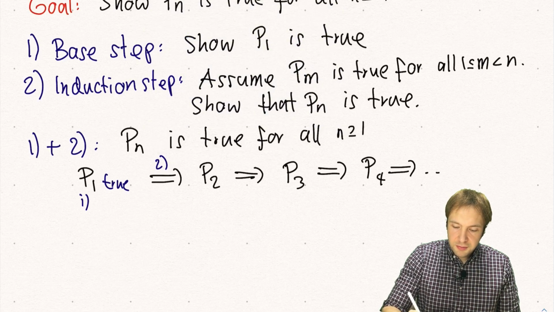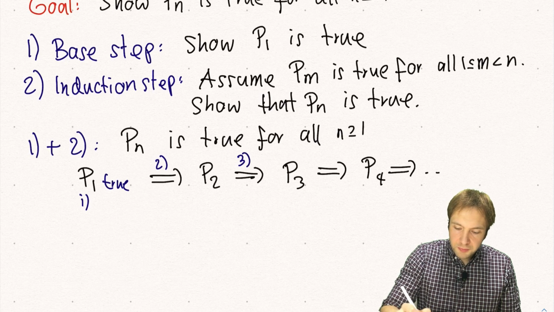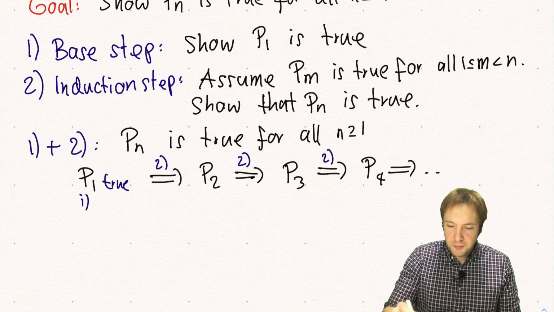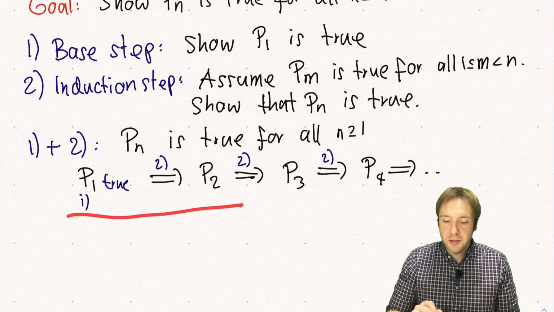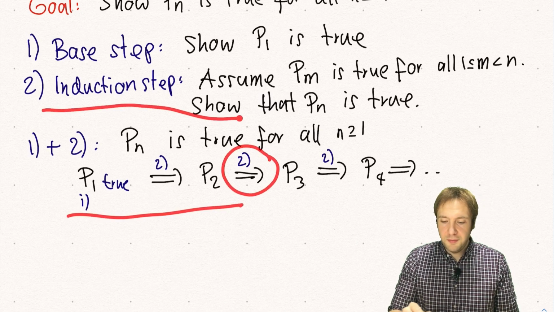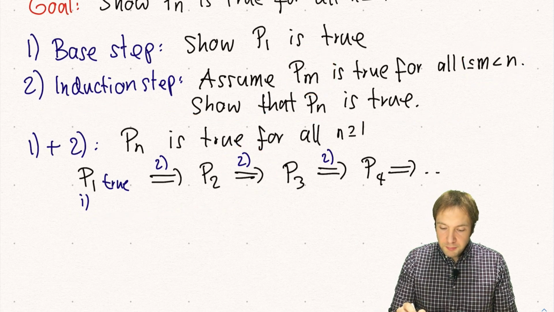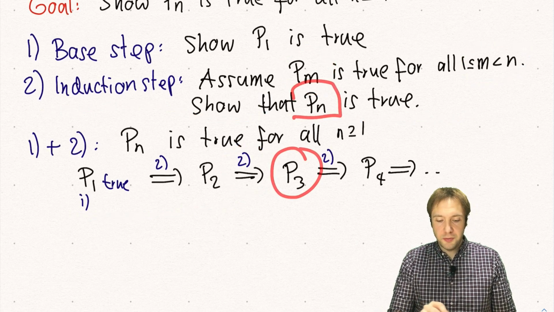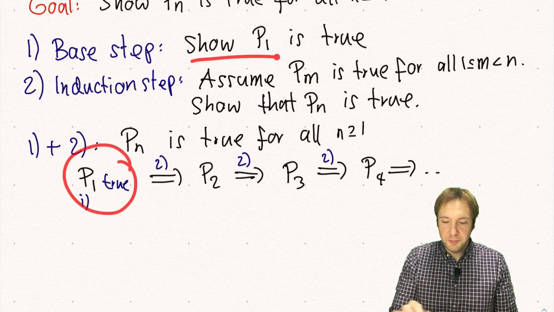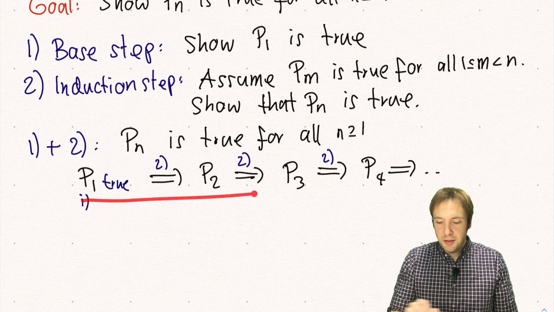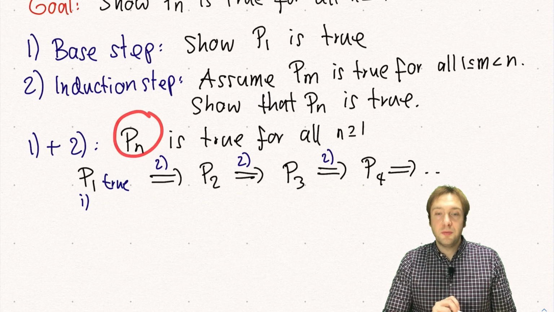Because here, this is of course 2. So this is always the induction step where you assume that the ones before are true, and then you prove here that if the Pm's are true for smaller m's, then you can show that Pn is true. And since you also proved the beginning here that P1 is true, you will get that this Pn is true for all n.